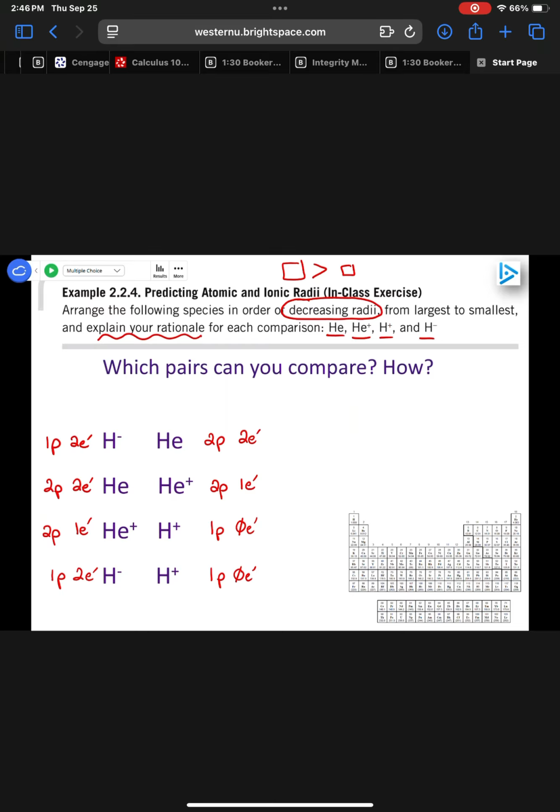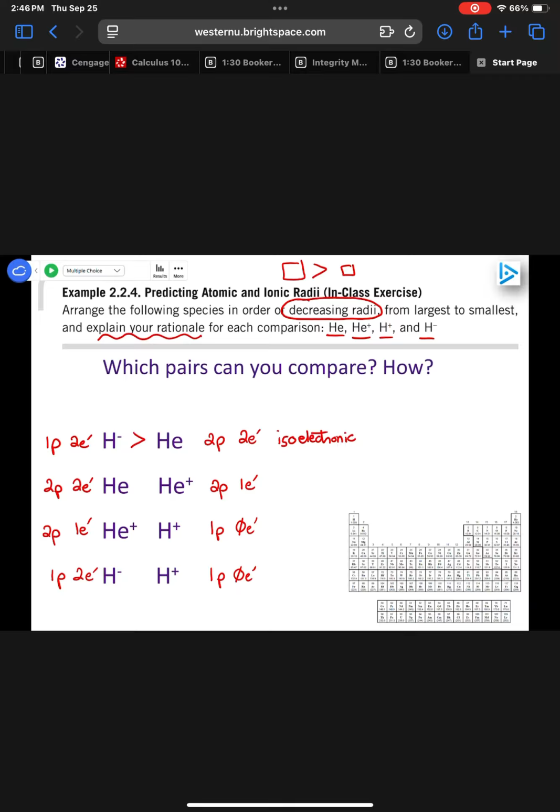Because they have the same number of electrons but different protons, these species are isoelectronic. Helium has 2 protons pulling in 2 electrons. Hydrogen only has 1 proton pulling in those 2 electrons. Therefore, helium is going to be smaller.